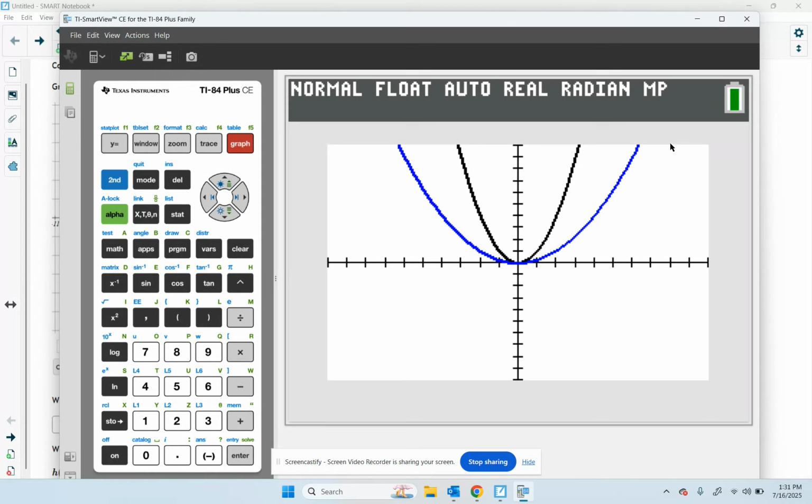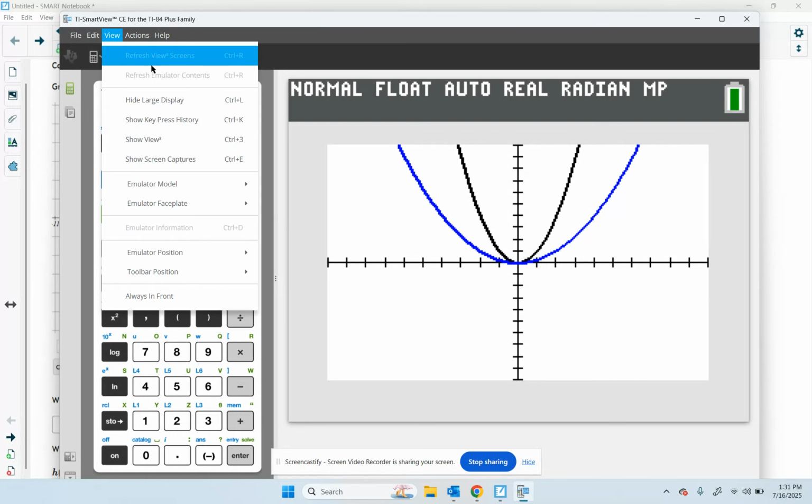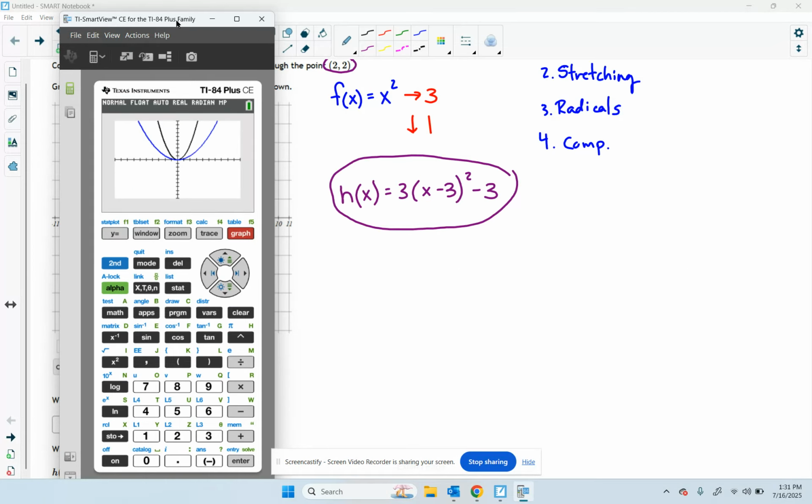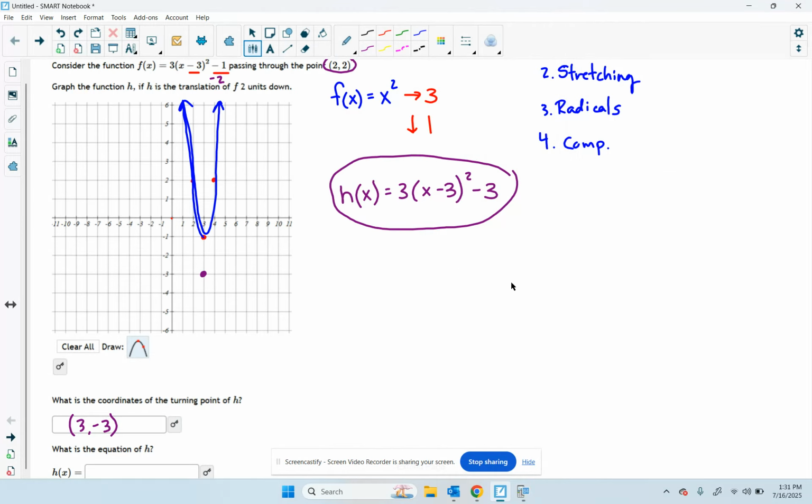The red got covered up with the blue graph. So they're identical. So oftentimes you can get the same graph by either performing a vertical or horizontal compression. So whenever they give you something that has that, they usually give you some point that the graph goes through, so you don't really have to worry about the compressions too much. Okay.